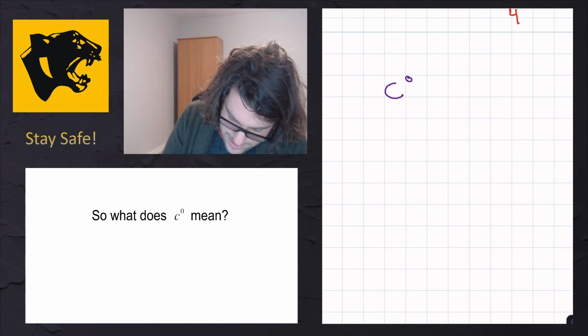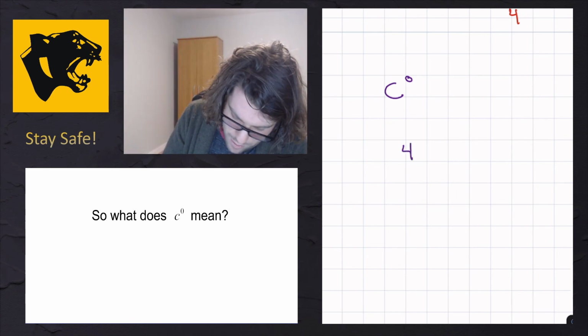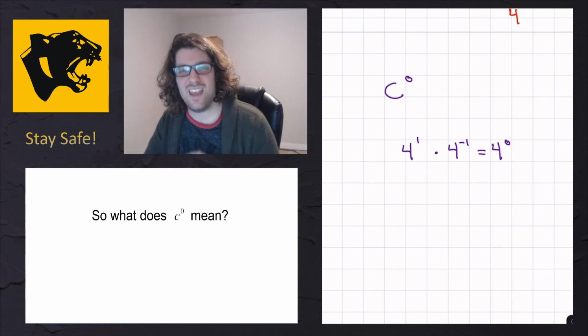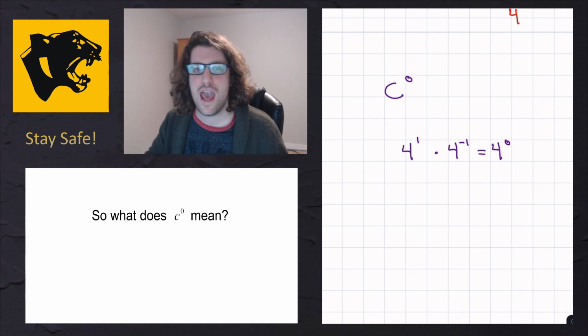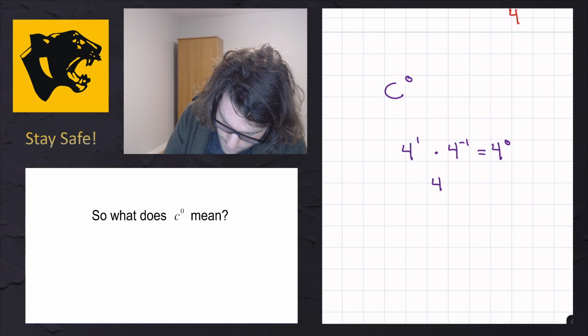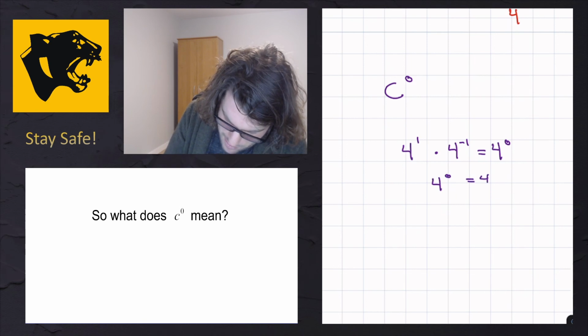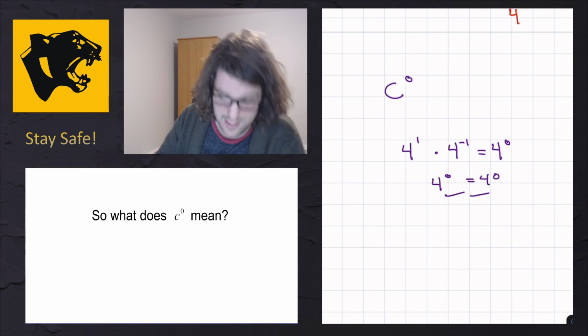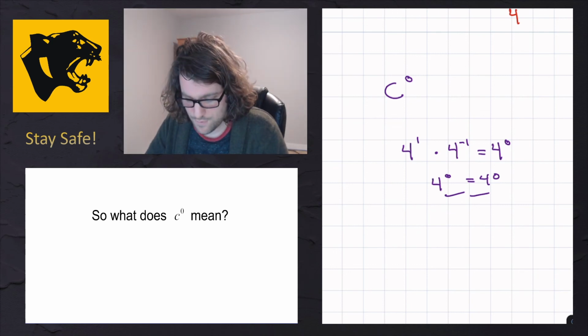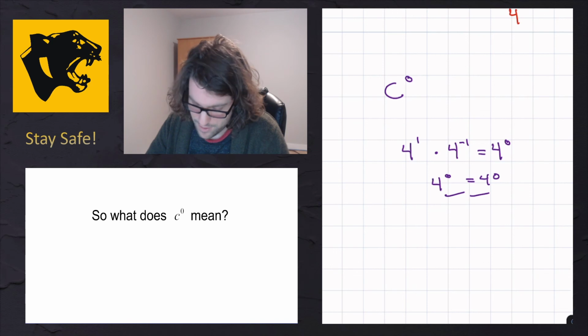If I take something really simple, like 4 to the power of 1, and I wanted to show what 4 to the power of 0 was, I can multiply that by 4 to the power of negative 1. Since I have the same base, I could add the exponents together. So I would get positive 1 plus negative 1 is 0. This is definitely true because it's the same thing on both sides of my equation. So 4 to the positive 1 times 4 to the negative 1 is equal to 4 to the 0.